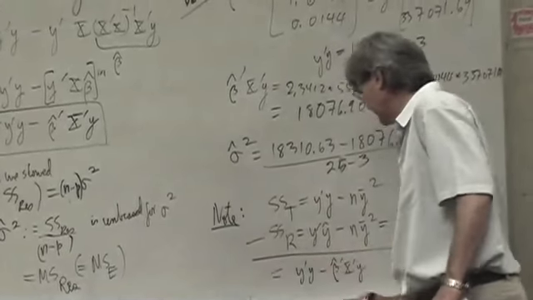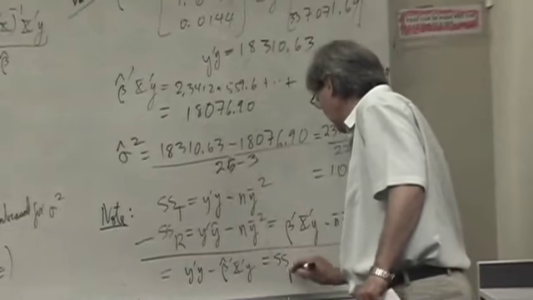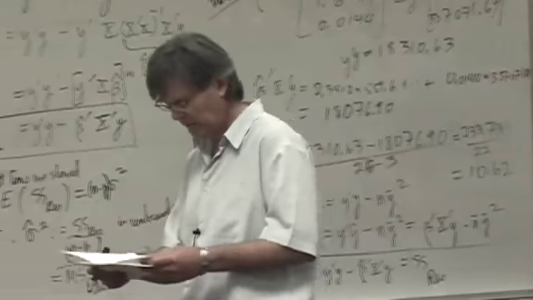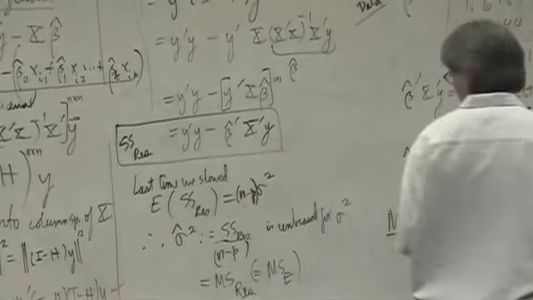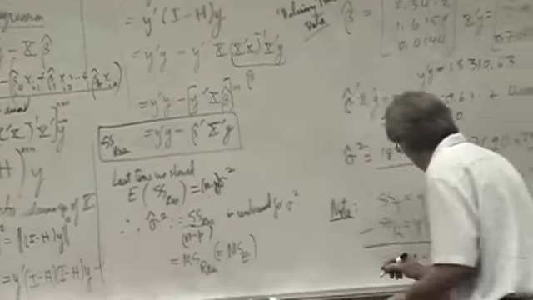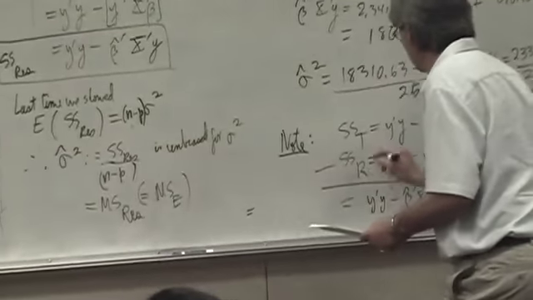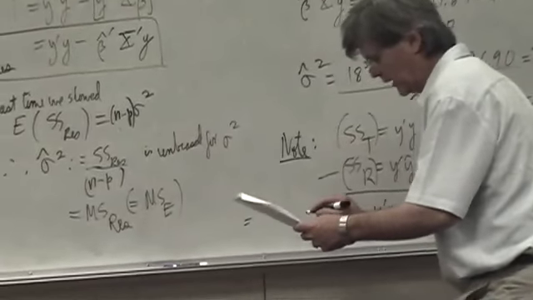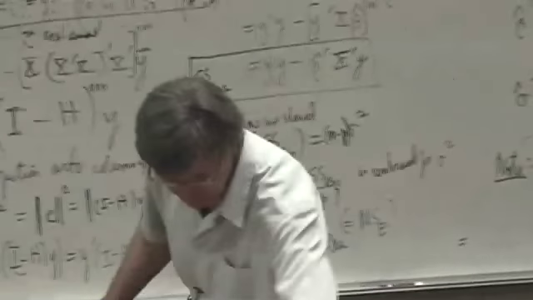So that's another way to get SS res. In the analysis of variance table for delivery time data, this comes out to be equal to the difference of SST minus SSR, if you actually look at the analysis of variance table, which is given in the text. I'm not sure which page it is.